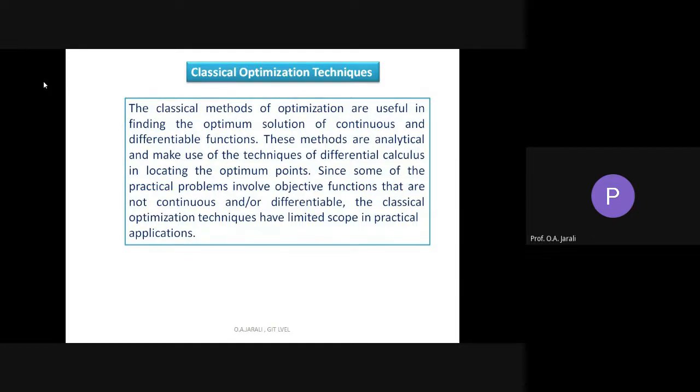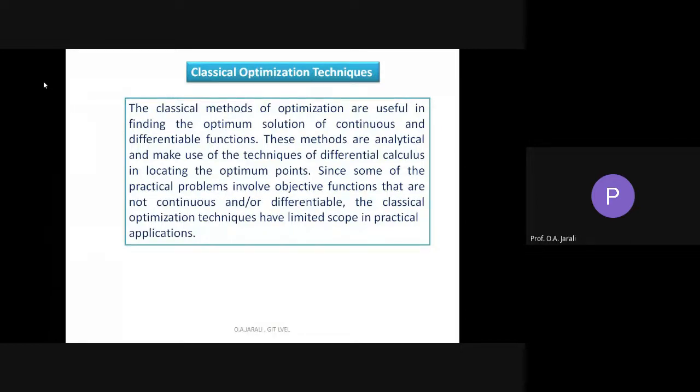So now we'll discuss the classical optimization technique. This is one of the methods. The classical methods of optimization are useful in finding the optimal solution of continuous or differentiable functions. These methods are analytical and make use of the techniques of differential calculus in locating the optimum points.